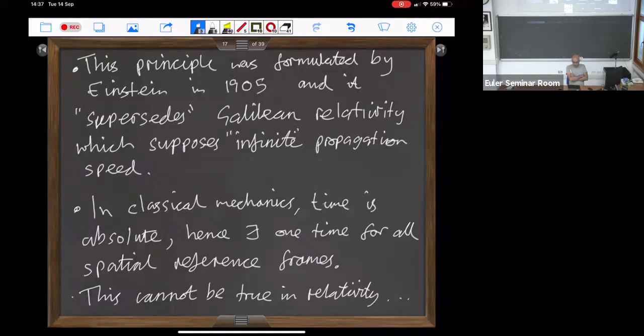In the Galilean model of mechanics, or what Landau and Lifshitz call classical mechanics, time is absolute. So there exists just one time coordinate for all spatial reference frames.